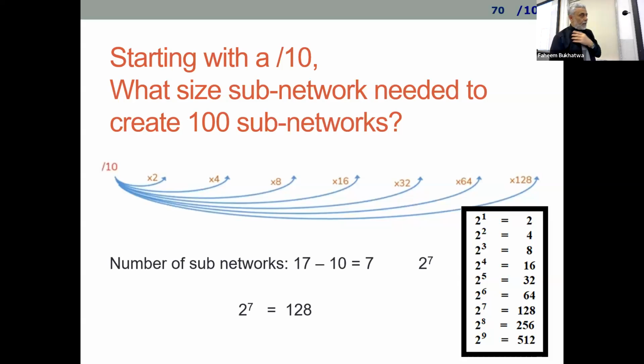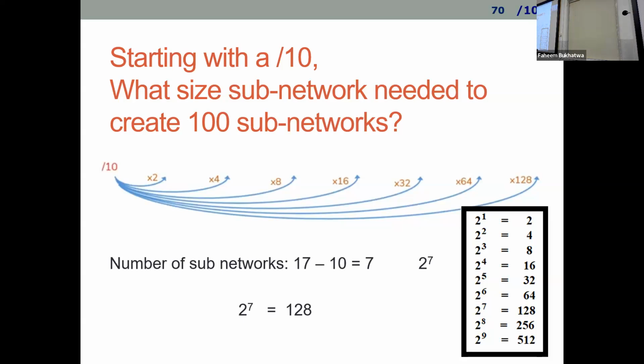So the point is the number of subnets. For example, if you have a /10 and you want to get /17 networks, how many subnets would you get?